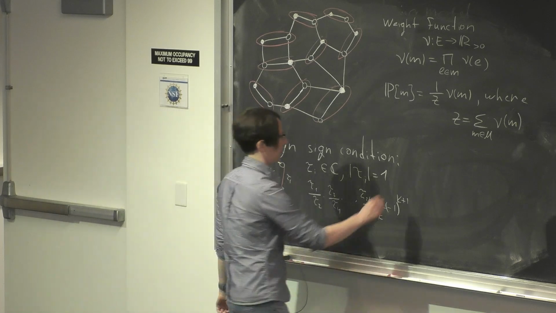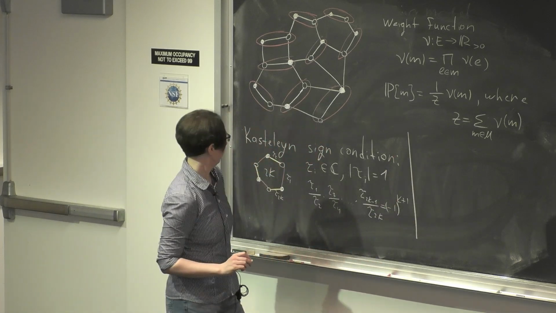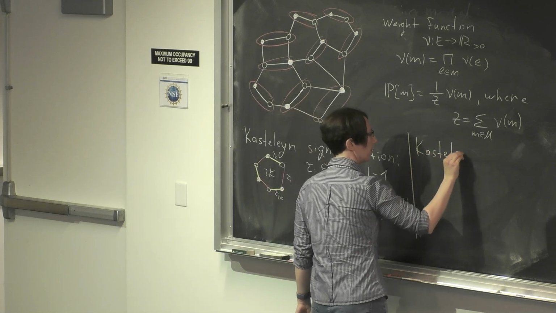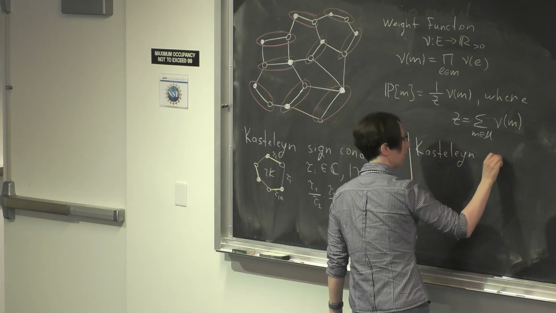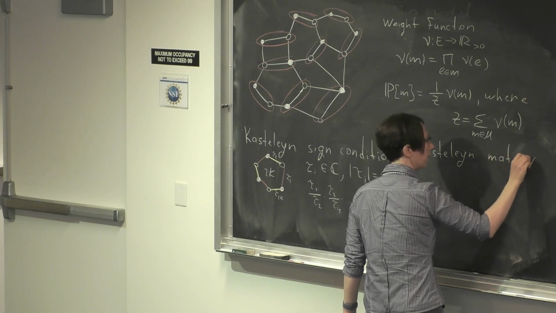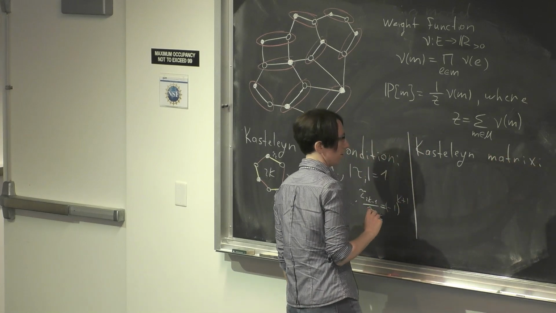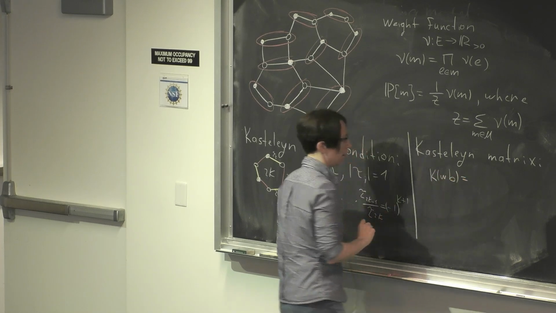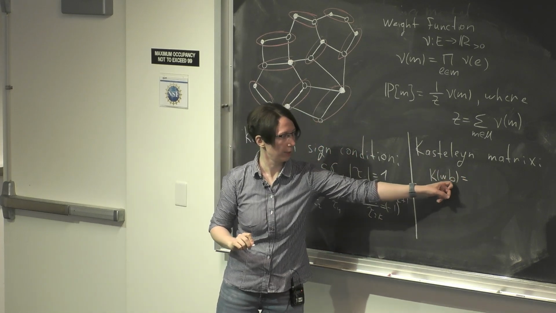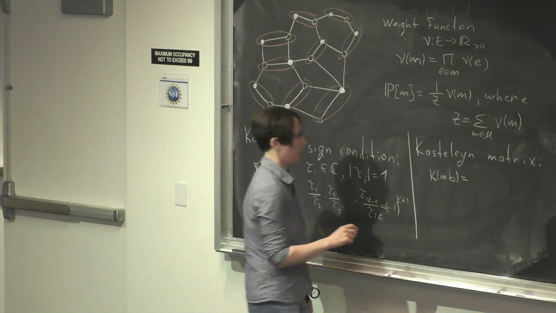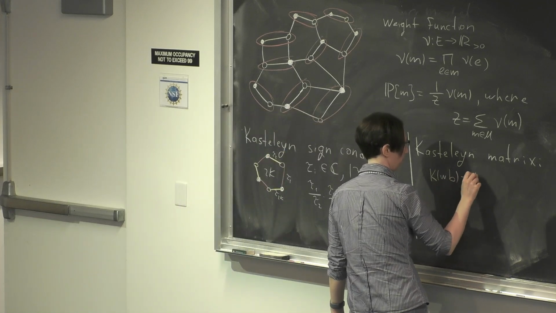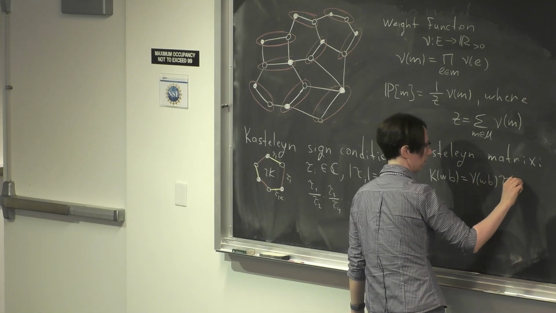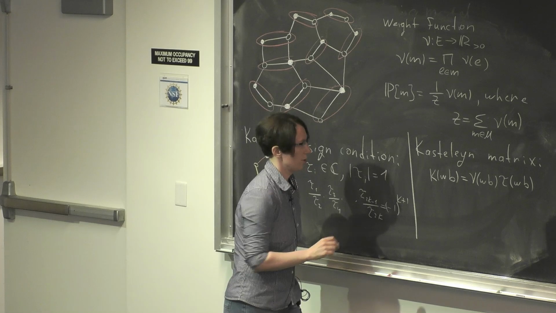And then one can define a Kasteleyn matrix, which is the following. For each two adjacent white and black vertices, the entry is the corresponding weight on this edge times the Kasteleyn sign of this edge.